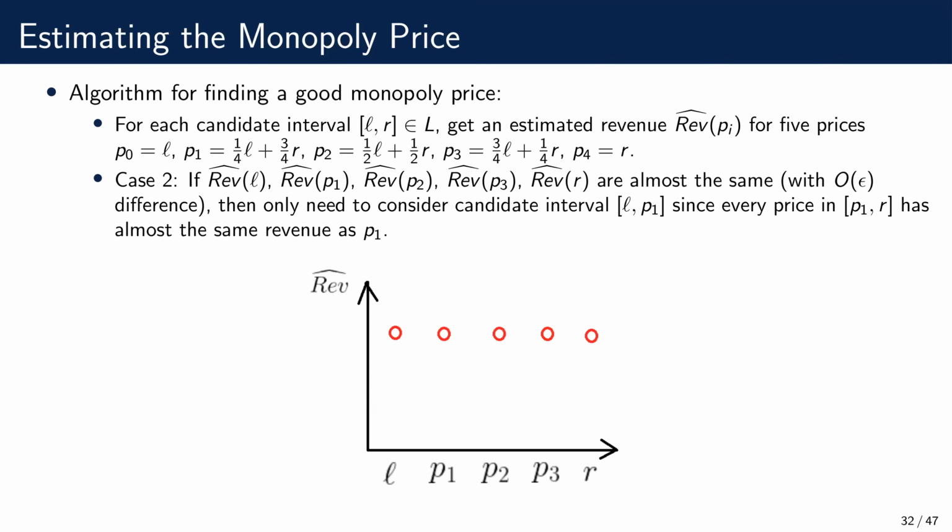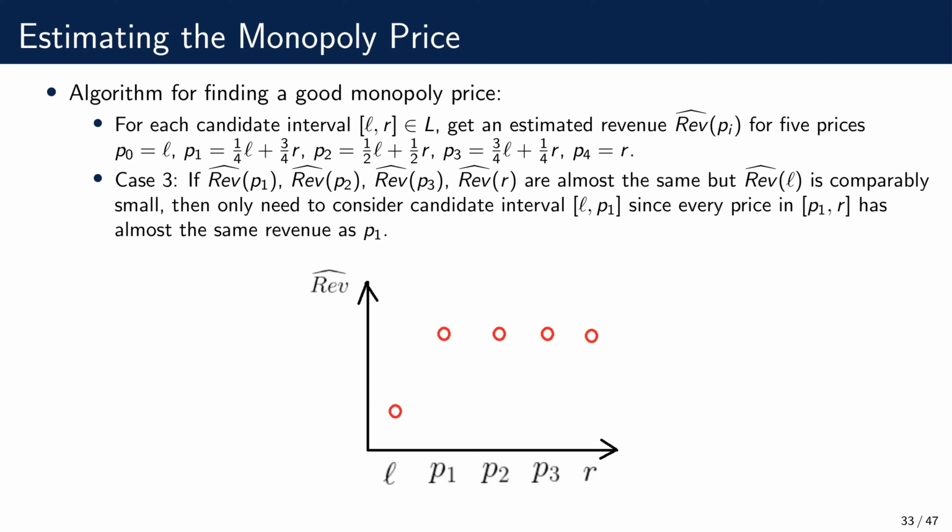And if the revenues at all of the points are estimated to be similar, then from the relative flatness lemma, we can put interval LP1 back and remove all of the other intervals, since the price in P1R has almost the same revenue as P1.